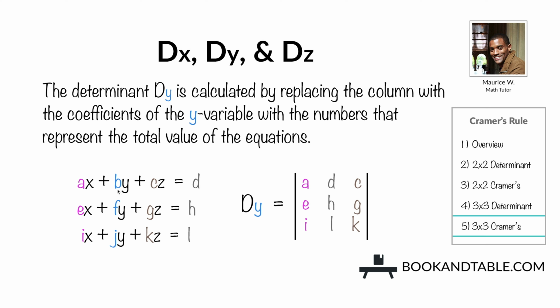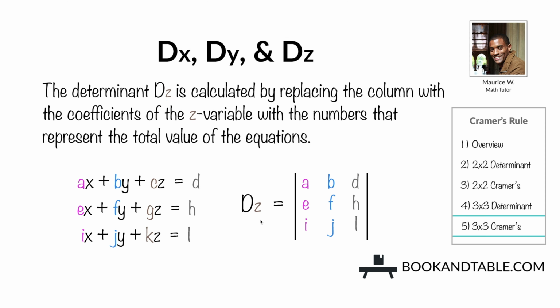So we swapped out b and replaced it with d. We swapped out f and replaced it with h. And we swapped out j and replaced it with l. And now this is the 3 by 3 that we will use to find the determinant dy.